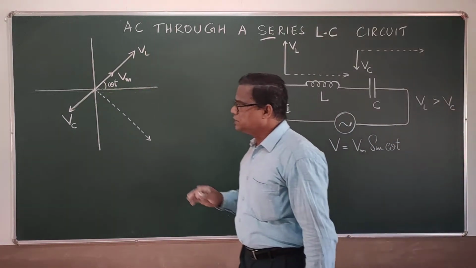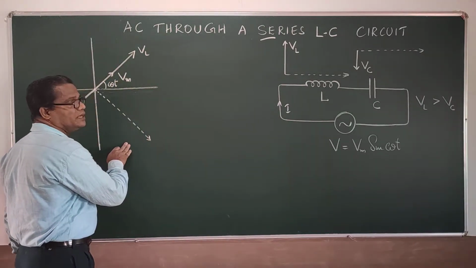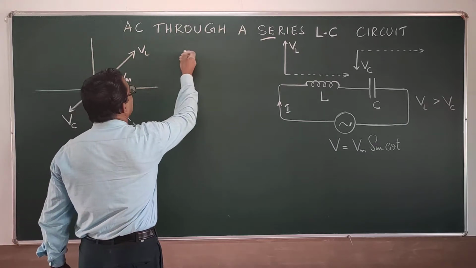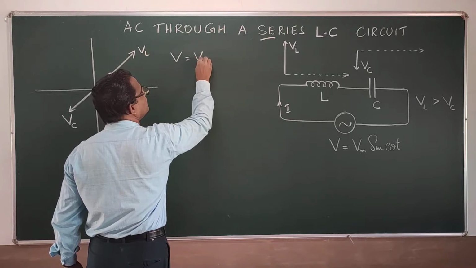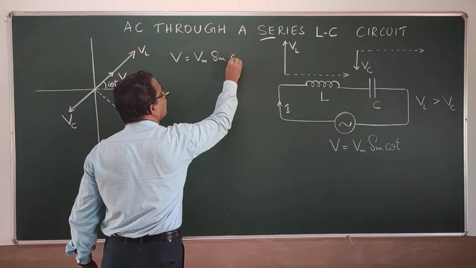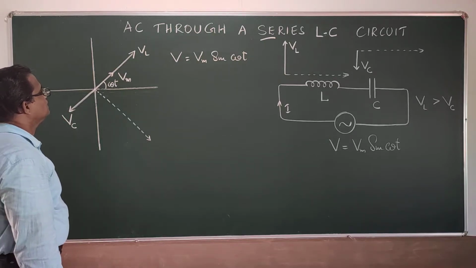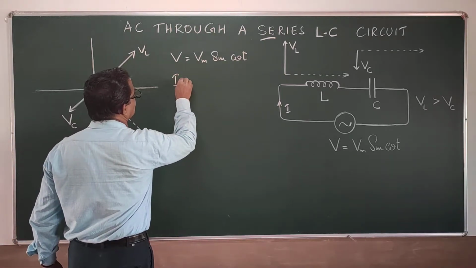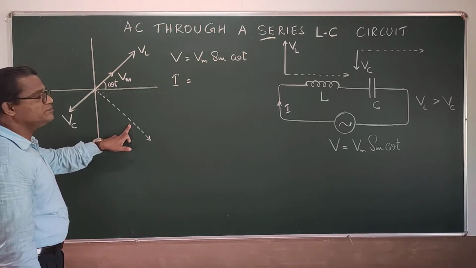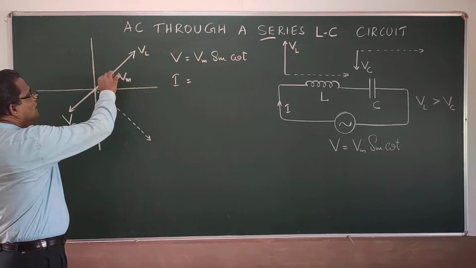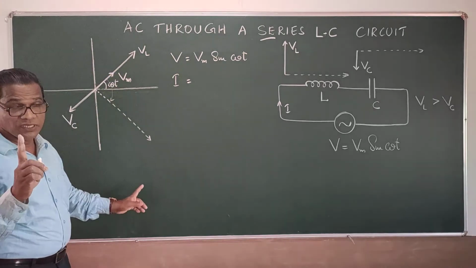Now from this we can get the voltage V equal to Vm sin omega t, and the current I equal to Im, the current. So this is Vm and this is Im. Therefore, the current is lagging behind the voltage by pi by 2.